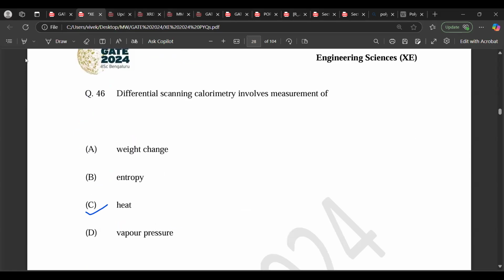In our test series and in our regular batches, we have discussed in great detail the different factors affecting TGA, DSC, DTA, and how the exact principle works under DSC. What exactly you measure in DSC is heat.